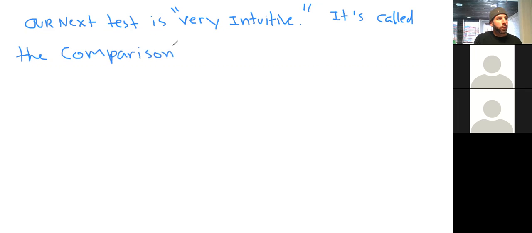This is what we do all the time in math and science. When we want to learn about something new, we compare it to something old that we already understand. That's what we do. So it's a very logical and sound thing to ponder.